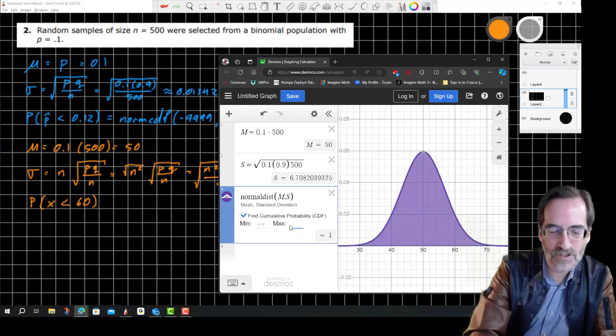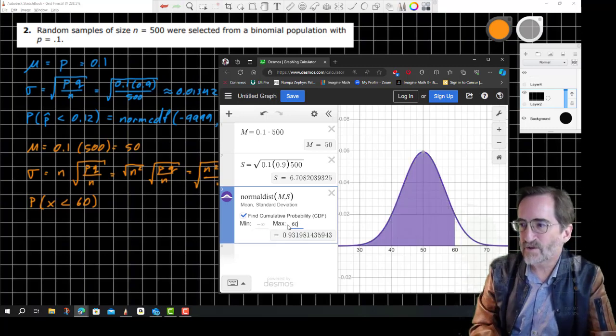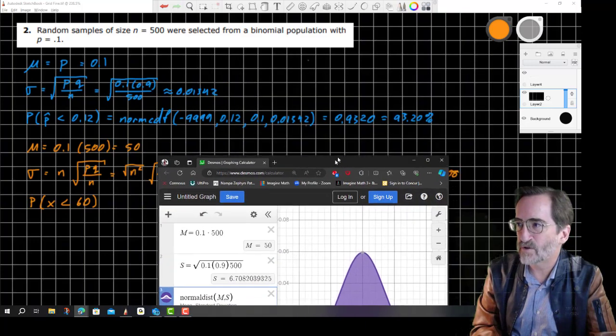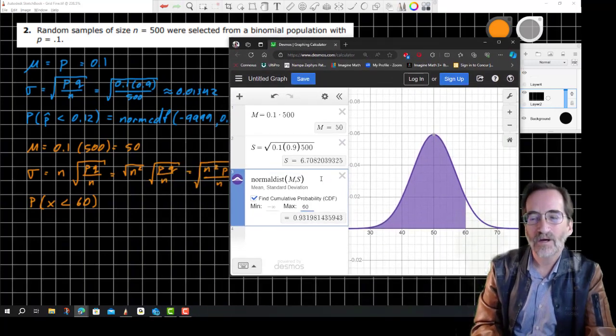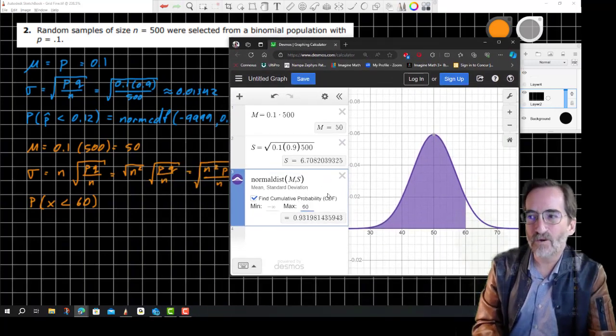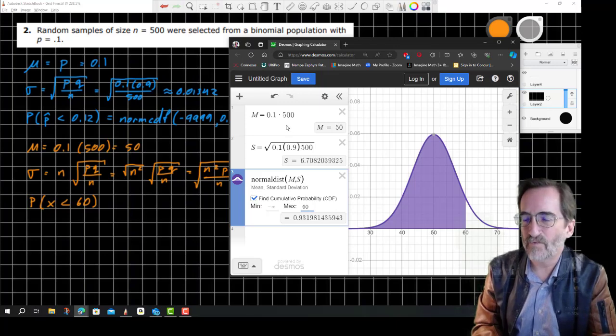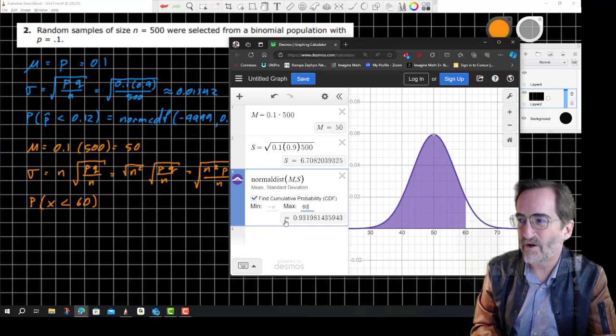And I want to show you that this is the same, 0.93198, 0.9320. Remember, we got 0.9320. We haven't changed anything. All we've done is scale up everything. We scaled up the mean by multiplying by 500. We scaled up the standard deviation by multiplying by 500. We scaled up the p-hat value by multiplying it by 500. And so we've scaled up and we have the same value.